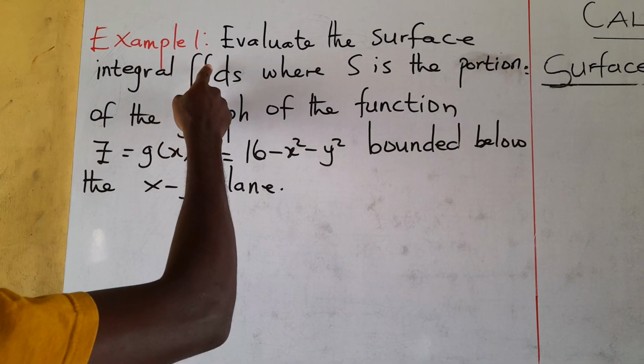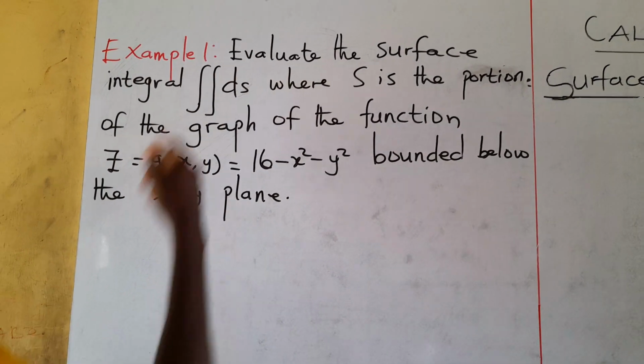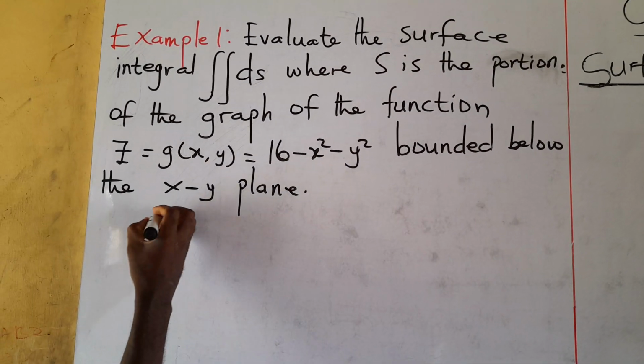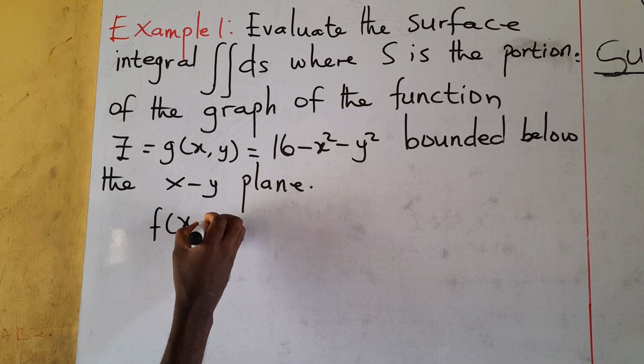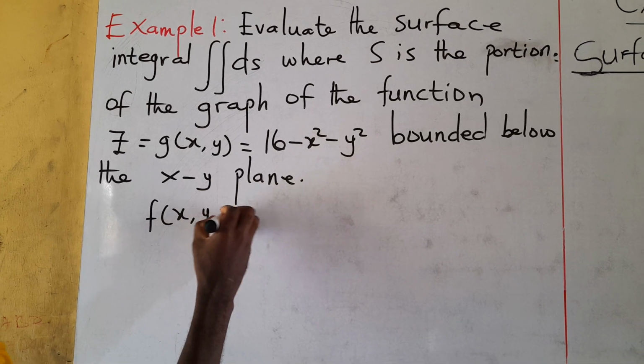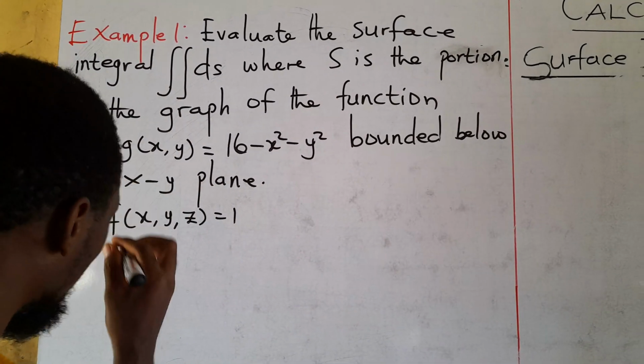Now, you realize that the function f is given, but there are no variables. So it means that the function f, depending on x, y, and z, is equal to 1 for this case.